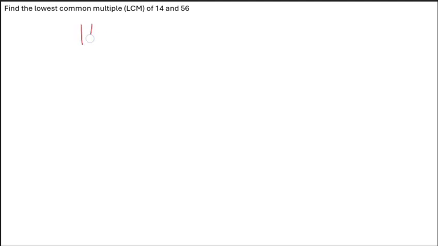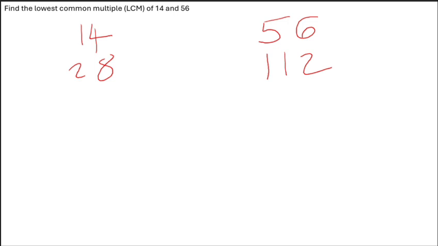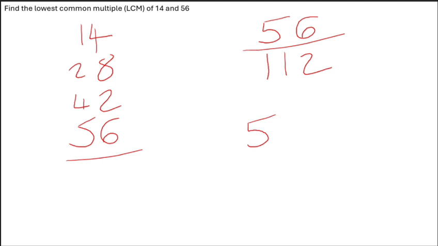So, if you use this method, we'd write 14, 56, 28, 112, and then I'm going to go back to my 14s. 28 add 14 gives me 42, and then it gives me 56. 56 is obviously in the 56 times table, and I got 56 in my 14 times table as well. So my lowest common multiple on this one is actually 56.